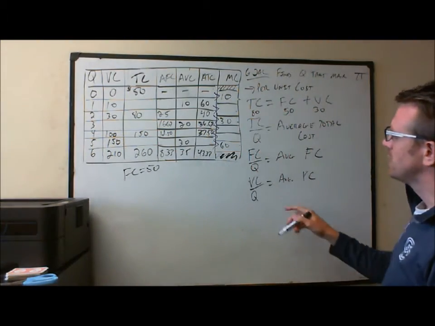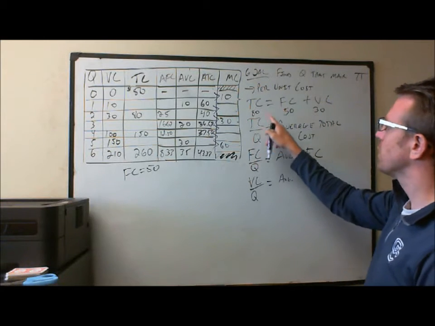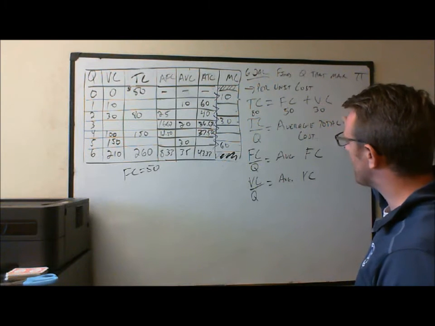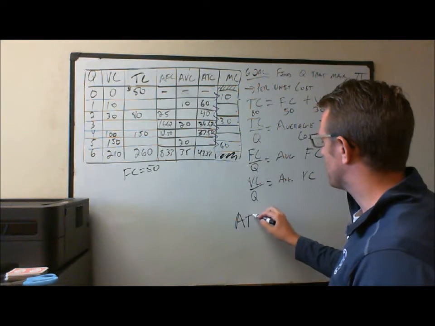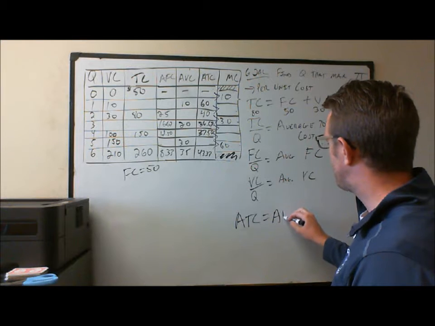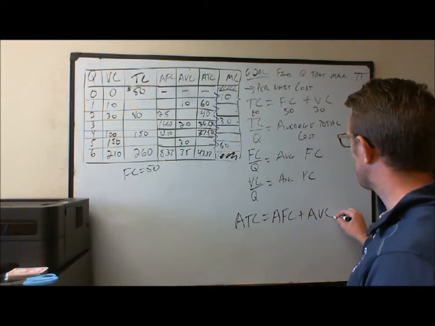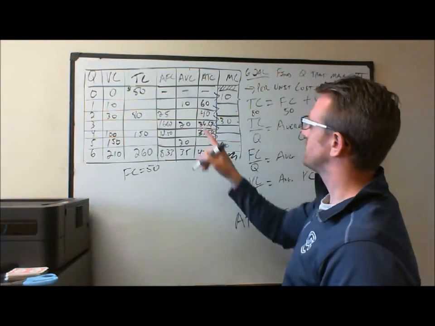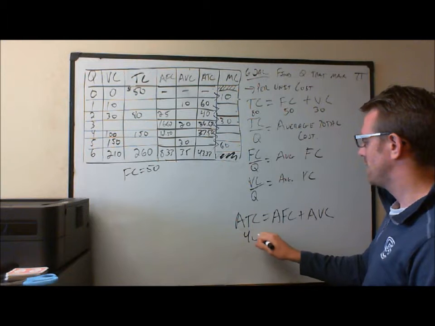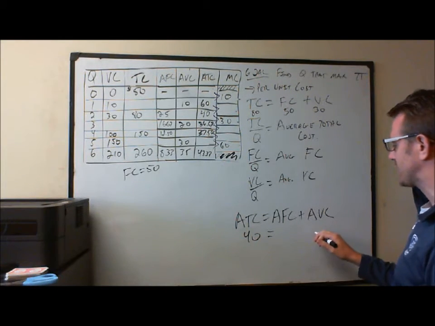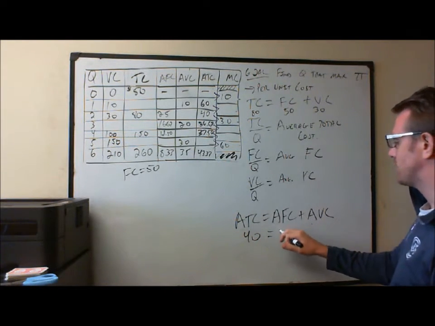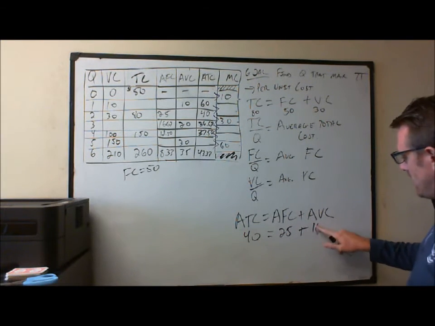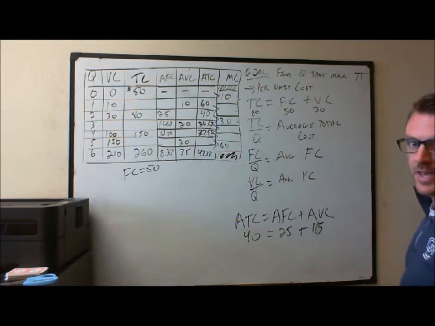But the other thing to note is that since total cost equals fixed cost plus variable cost, if we divide the whole thing by Q, we know that average total cost equals average fixed cost plus average variable cost. So 30 over 2 is 15, just like 40 equals average fixed cost of 25 plus what must average variable cost be? 15, right?